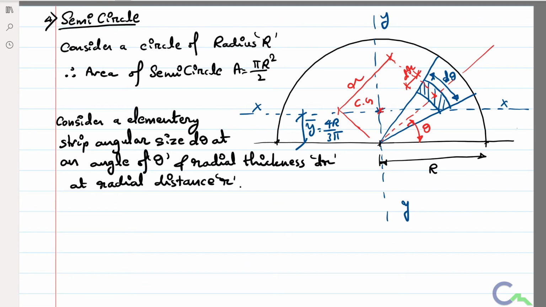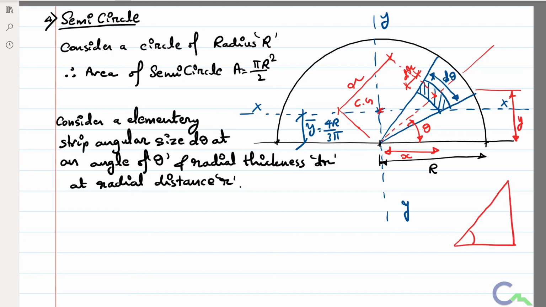Now I am going to consider the elementary strip at a distance of x from the y-y reference axis and at a distance of y from the x-x reference axis. If I draw that triangle separately, it will be like this.